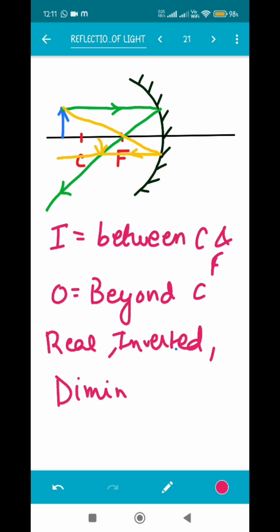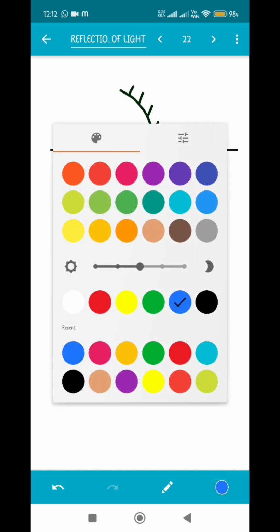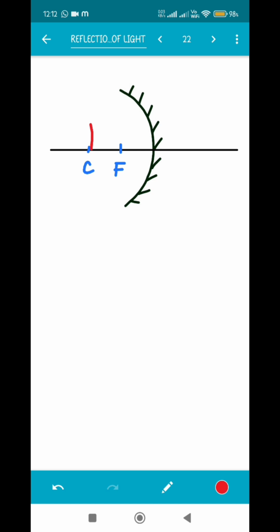So we are going to write it is diminished. Alright. So the first 4 cases were just the inverse of one another, as we saw. Now the easiest one, which you don't have to work too much hard on, the focus and the center of curvature. If the object is on the center of curvature.